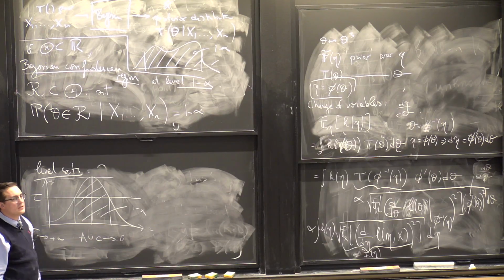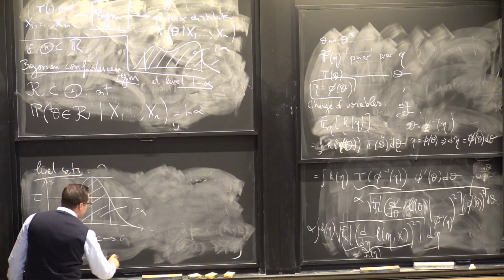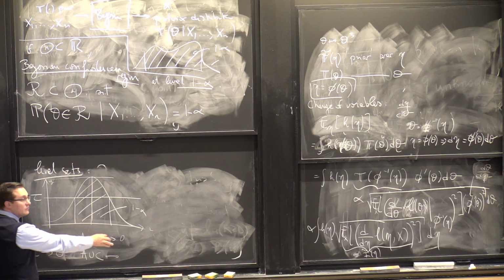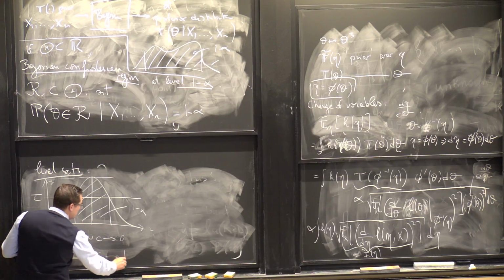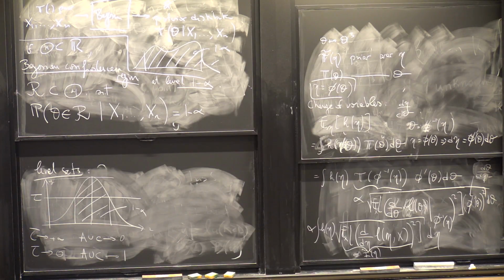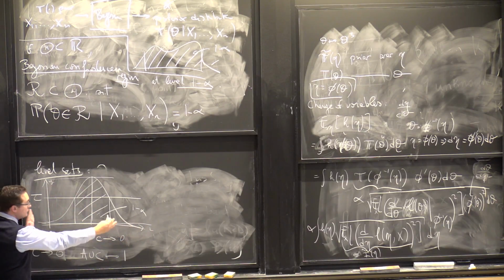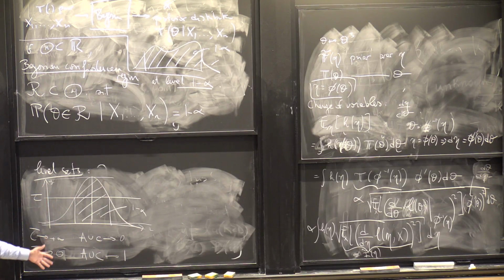If tau is going down to 0, I'm cutting nowhere, and so I'm getting 1, right? Agreed? Think of when tau is very close to 0. I'm cutting very far down, and so I'm getting an area under the curve which is almost everything. So it's going to 1 as tau goes down to 0.